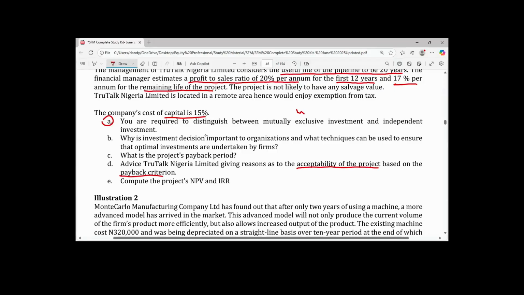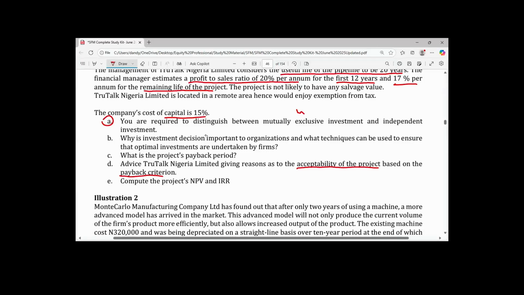The essence of investment decision is to determine the financial viability of the investment. You want to know whether the investment is financially viable. That's why you are carrying out investment decision. So the examiner is now asking you what techniques can be used to ensure that optimal investment decisions are undertaken.